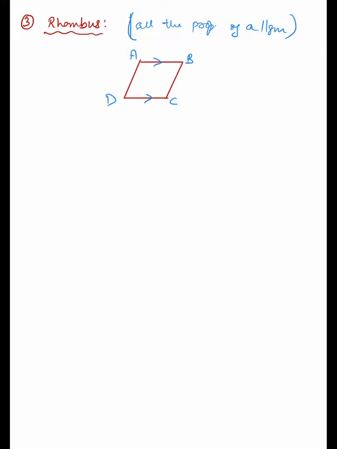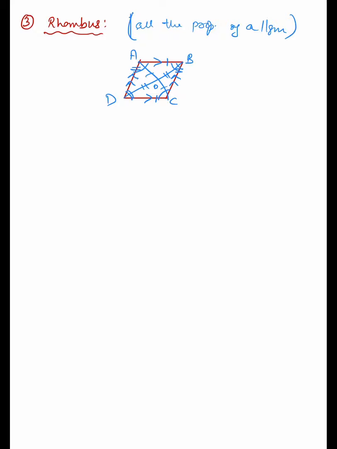Opposite sides are parallel, that means AB parallel to DC, AD parallel to BC. Then opposite sides are equal. These are the properties of a parallelogram. The third property was that opposite angles are also equal. So here also opposite angles are equal and the diagonals bisect each other. That means again AO is equal to OC, DO is equal to OB.